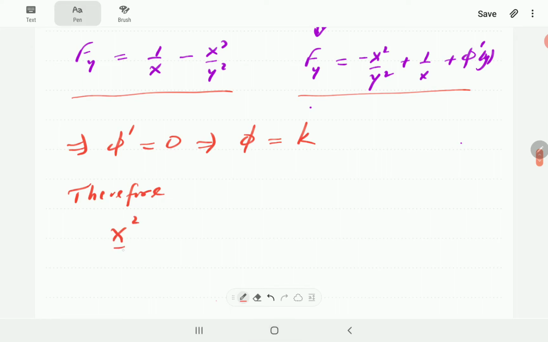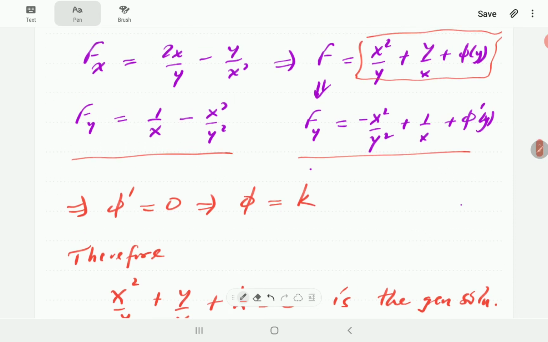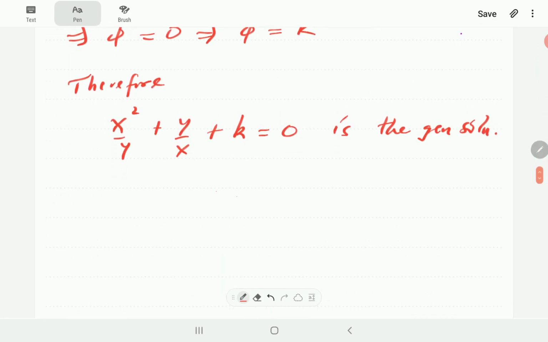So we're going to have x squared over y plus y over x plus k equal to 0. So this is our general solution.